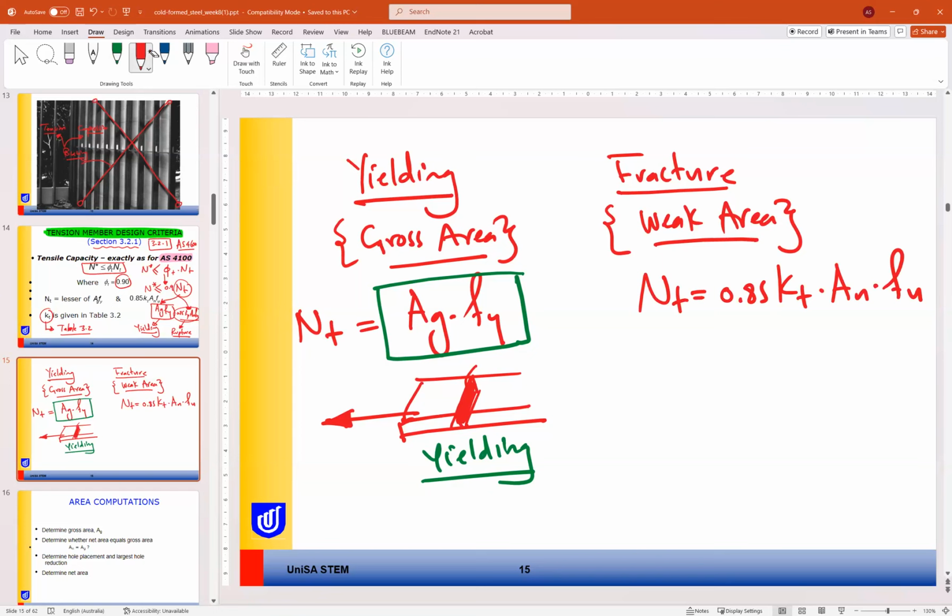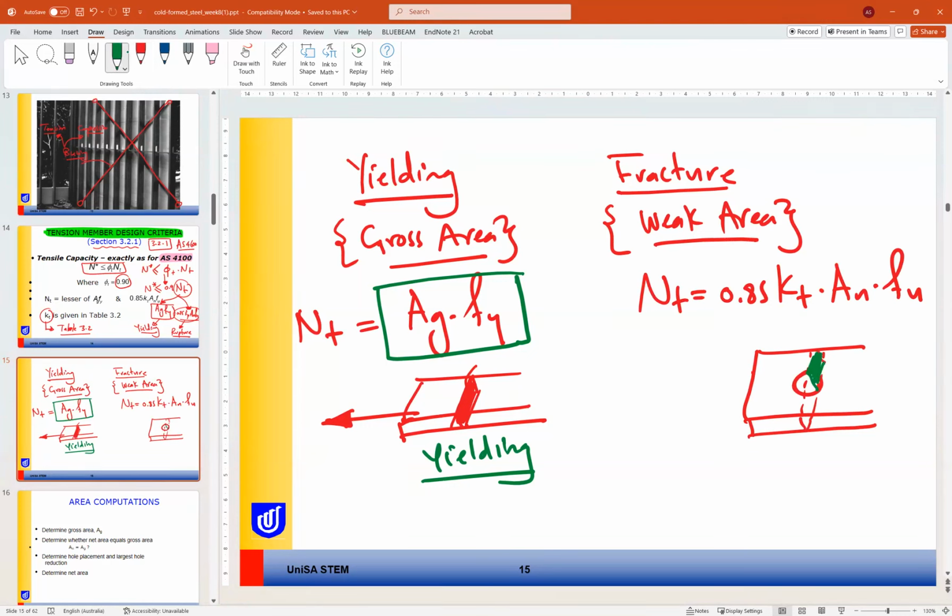In this case, this is our section, and because we may have holes or bolts in the section, for example, let's make it one hole only here. If we have a bolt, the weak area of this section is at the hole area.